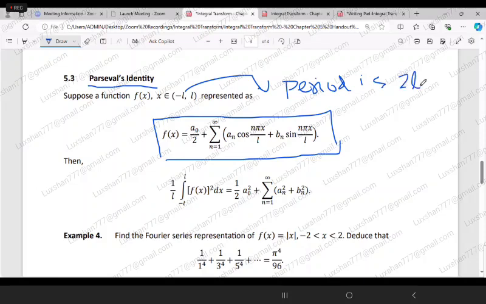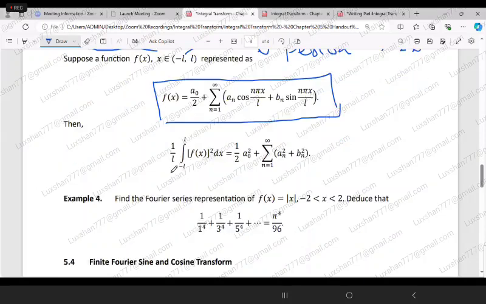In that case, it says that 1 over L integral from minus L to L of f(x) squared dx is equal to 1/2 a naught squared plus the summation of a n squared plus b n squared. So this is the Parseval identity for the finite case. We have only one.